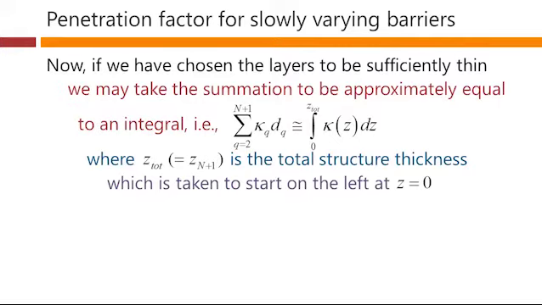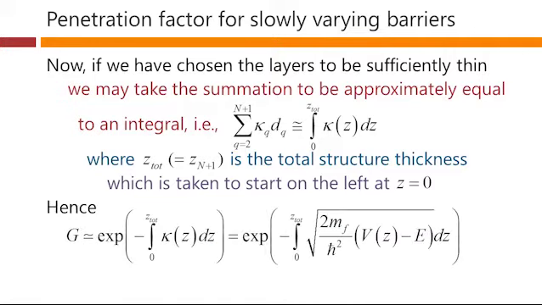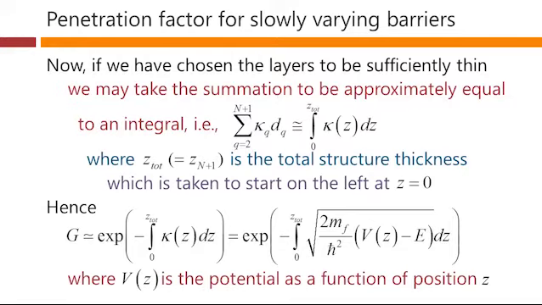And if we're taking our structure to start on the left at z equals 0, then this z total will just be z n plus 1, the position of that interface. Hence, this G factor here will just turn out to be the exponential of this integral, where V of z is the potential as a function of position z.